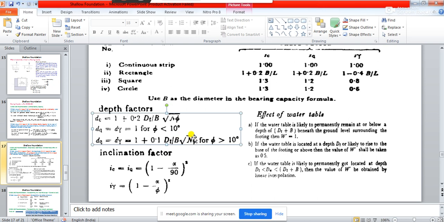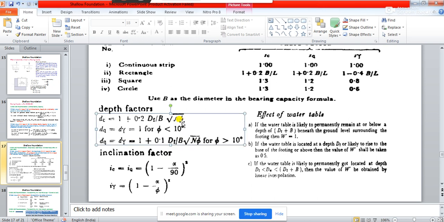Sorry, I think I said the DC value as 0.1 df by b root over N phi. It will be 0.2 df by b root over N phi. Okay. So is it clear? Very simple thing. You only have to multiply with some factors SC, SQ, S gamma, DC, DQ, D gamma.